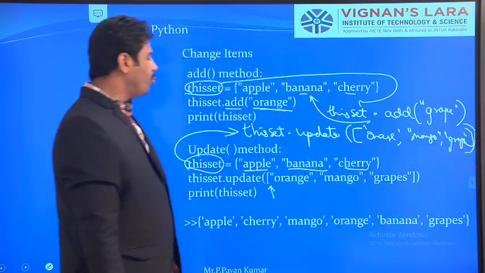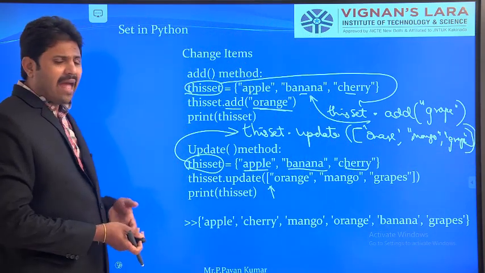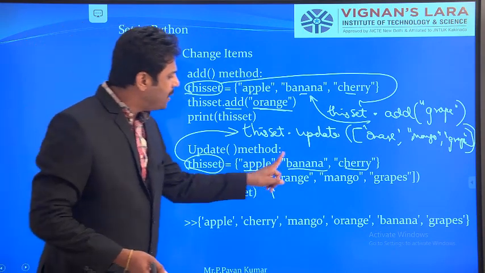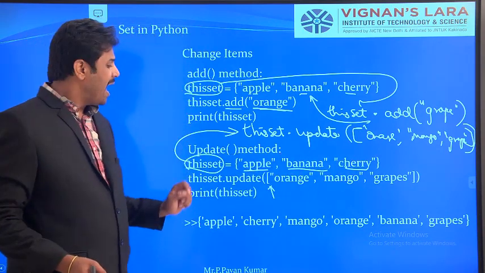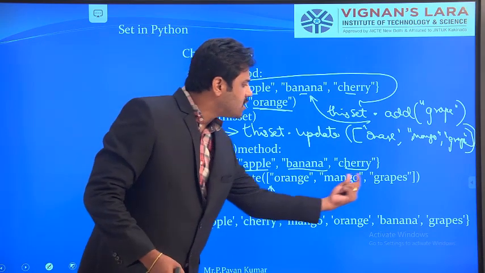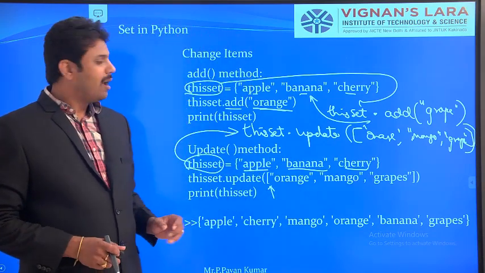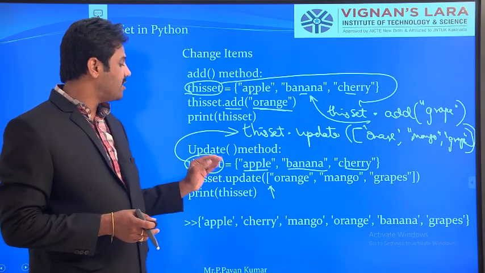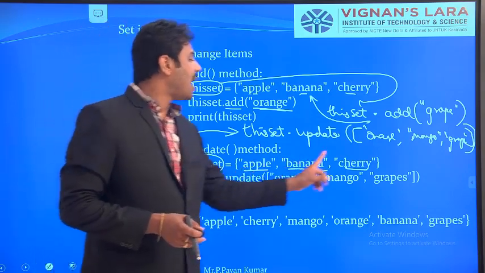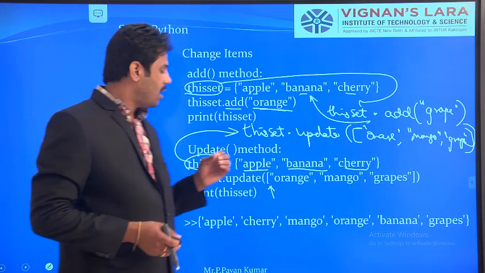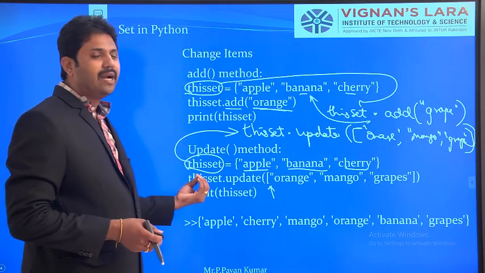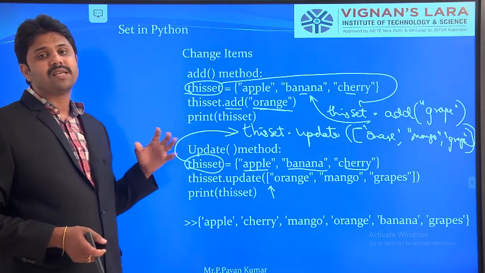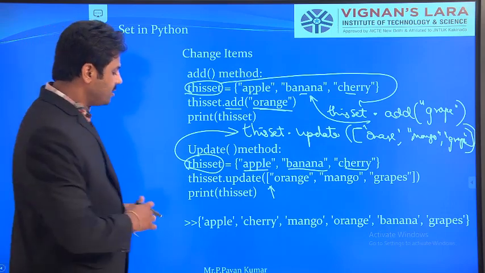If you add like this, the set contains apple, banana and cherry, and these 3 items are additionally added. That means totally now the set contains 6 items. Like this, it's update.